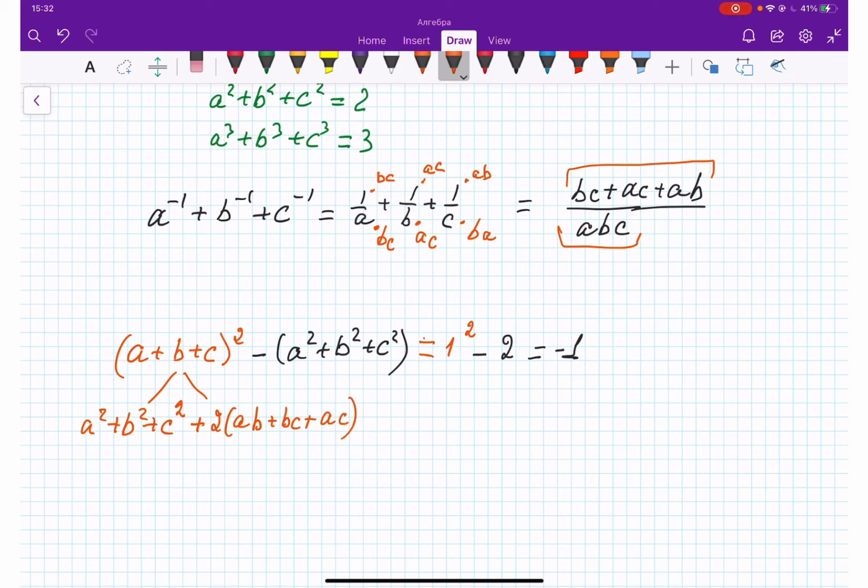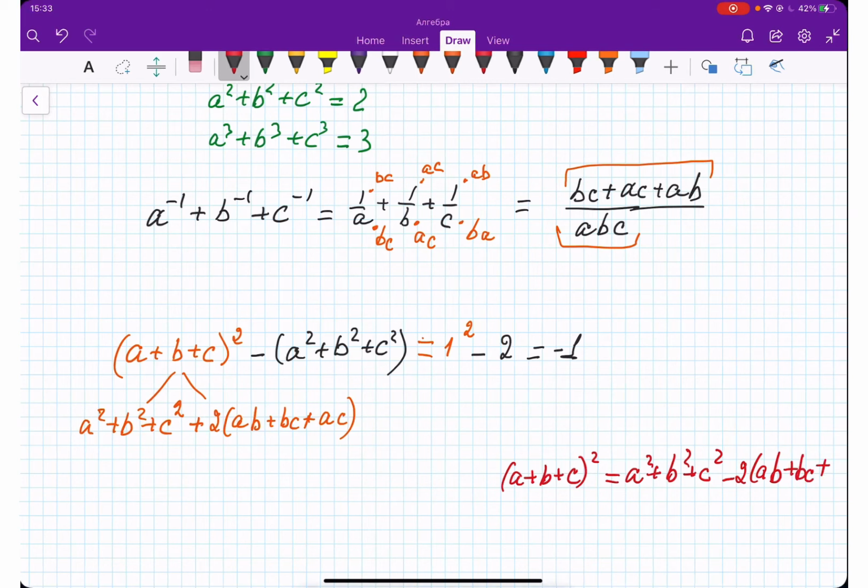So this is the formula for a plus b plus c squared. Okay, let me write it down here. We learned for 2 terms, right? The perfect square. For 3 terms, it is equal to a squared plus b squared plus c squared plus twice ab plus bc plus ac.